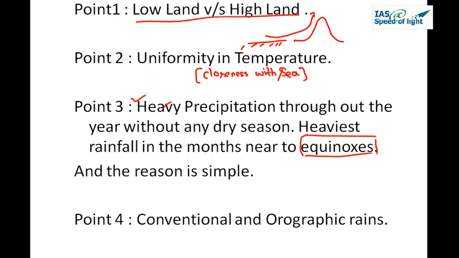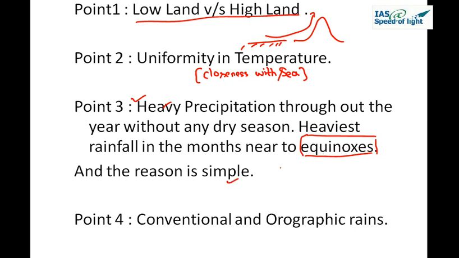During the equinoxes, the sun's rays are on the equator, so they are going to be hotter, with more evaporation, leading to more rainfall. So more rain in the months of the equinoxes.